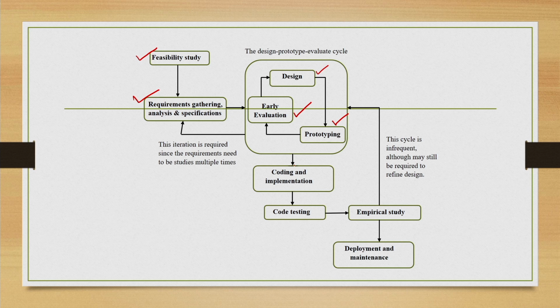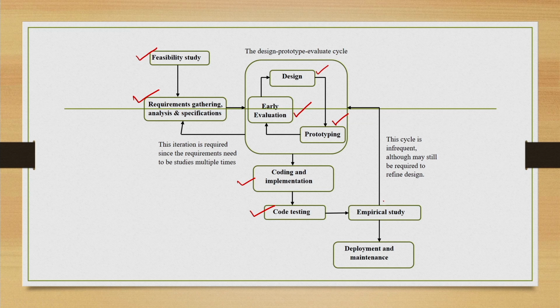So, after we come out of this cycle, we go for coding and implementation, followed by code testing. Now, after that again a new stage, that is empirical study. So, this study involves users. So, from users we directly want to get feedback. So, we involve them in the study, that is known as empirical study, and after that we go for deployment and maintenance.